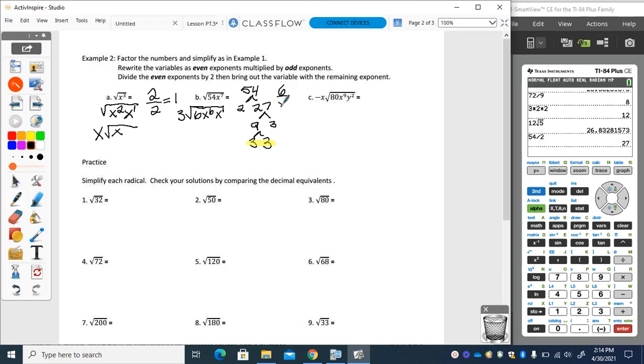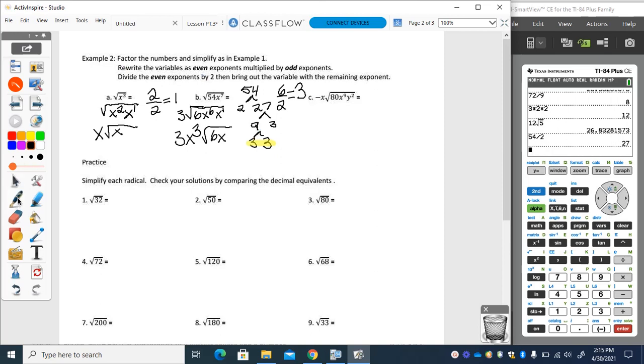So 6 divided by 2 is 3. So that means we have 3 times x cubed, because we divided it by 2 and got 3, times the square root of 6 times x to the first. And we're done.